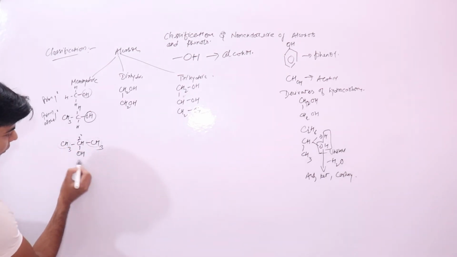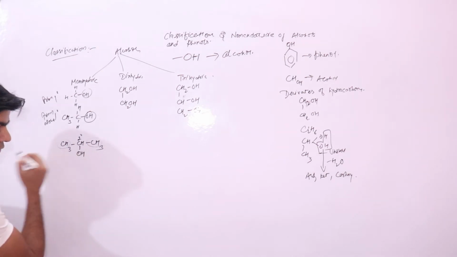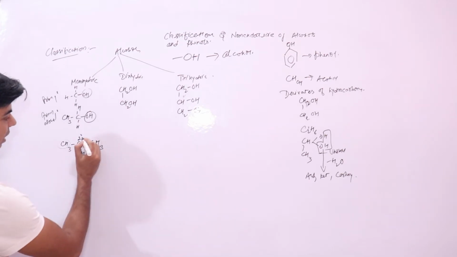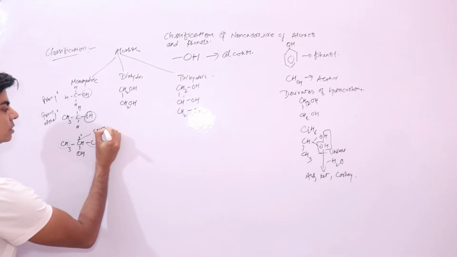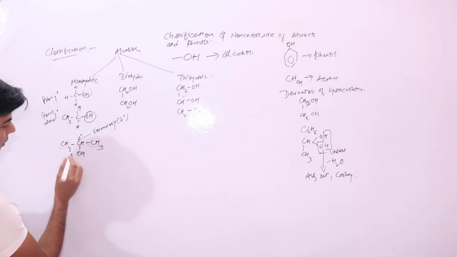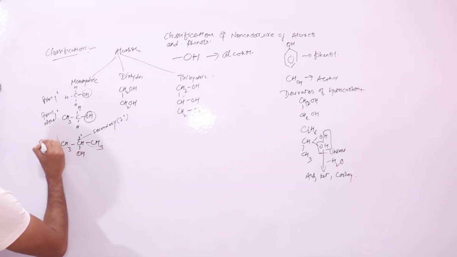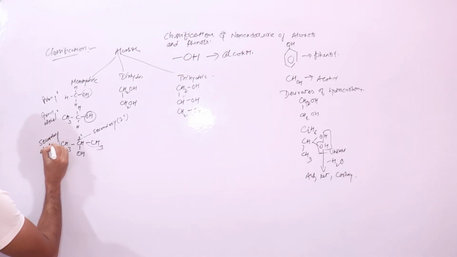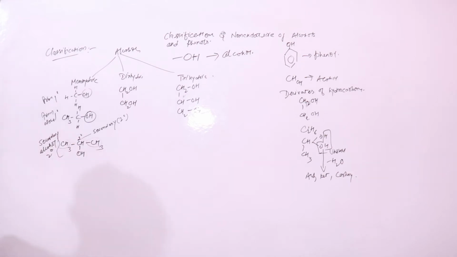Now the OH group which is attached to this type of carbon atom, which is connected to two other carbon atoms directly, is on your secondary carbon atom or 2 degree carbon atom. So this alcohol would be your secondary alcohol, or 2 degree alcohol.